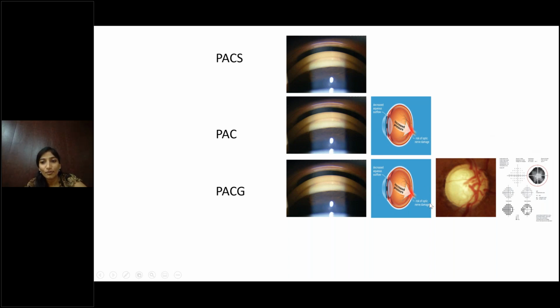When this increased IOP now causes disc and field damage, that is called glaucoma. For glaucoma, you need to have structural disc damage and damage on perimetry. So PACS is closed angles; PAC is closed angles with high IOP; and PACG is closed angles, high IOP, disc damage and field damage.